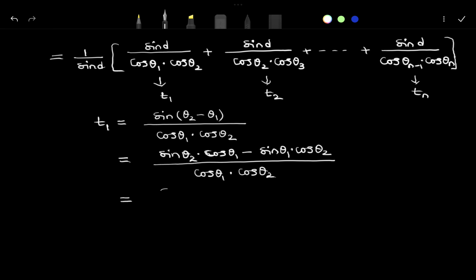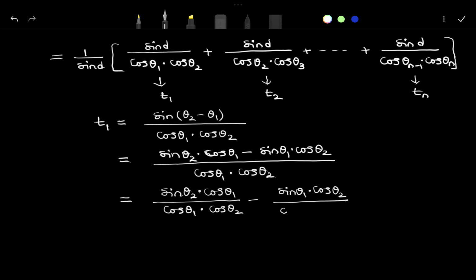Here we can write sine theta 2 into cos theta 1 divided by cos theta 1 into cos theta 2, minus sin theta 1 into cos theta 2 divided by cos theta 1 into cos theta 2.